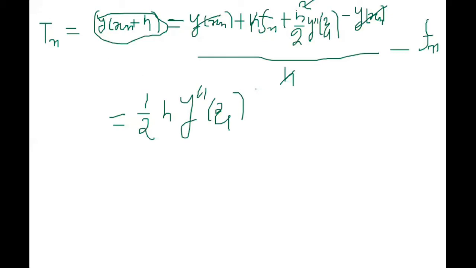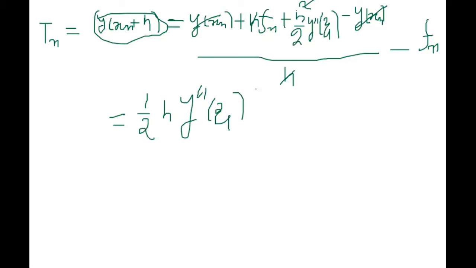Now by the induction and noting that 1 plus hL, you can expand this, you will see that 1 plus hL is less than or equal to e raised to the power hL. So we just use that, and we have taken n equal to n minus 1 here.